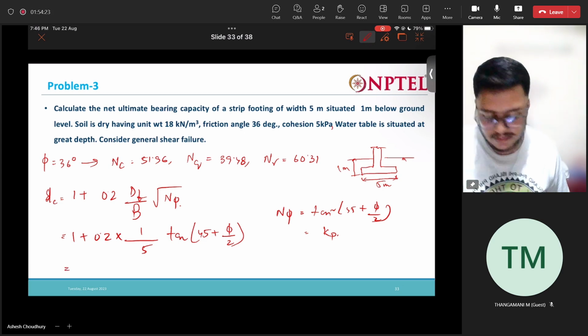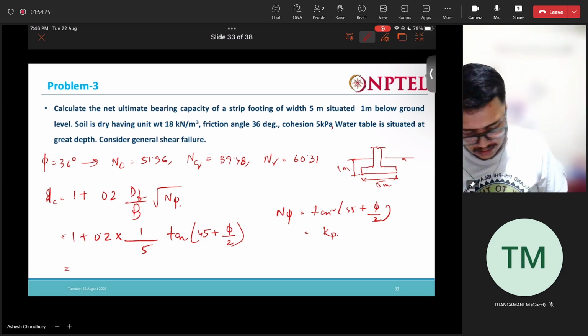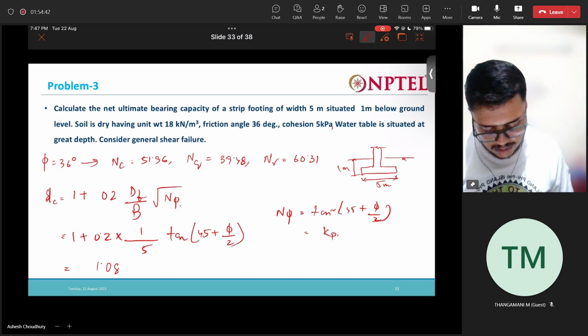So let us determine this dc, 1 plus 0.2 times Nφ root, with 45 plus 5/2 degrees. This is 1.08.